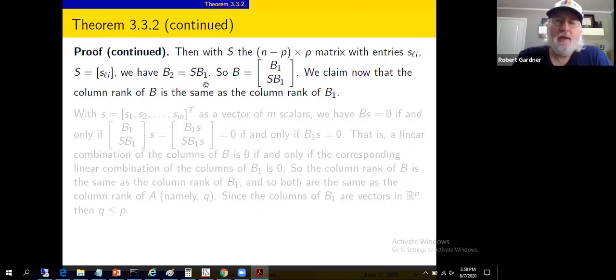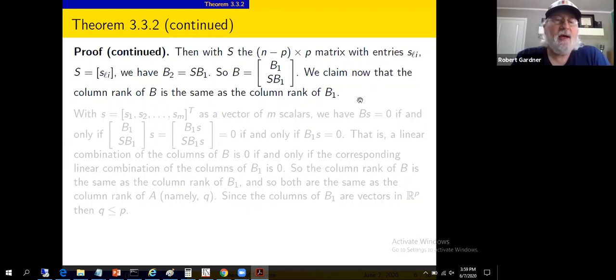It's the definition of matrix multiplication that gives this. So B sub 2 can be written as S times B sub 1, and we're going somewhere with this. Matrix B can be rewritten not as the partition B1, B2, but as B1, S times B1. So I can more explicitly see the linear dependence when we write it like this.